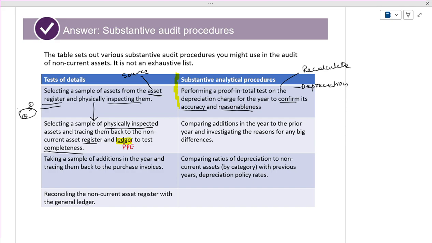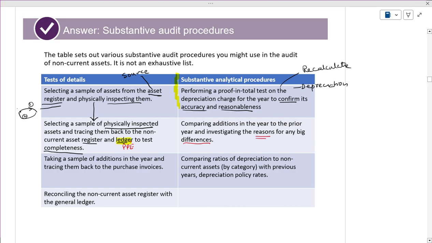What it says on the other side is comparing additions in the year to the prior year and investigating reasons for any big difference. We are talking about the current year and the previous year, and if there are any differences, what are the reasons?